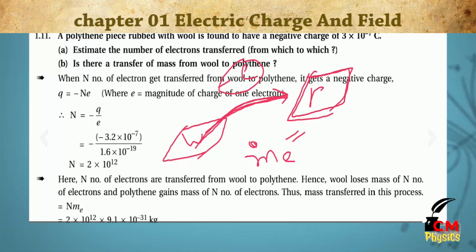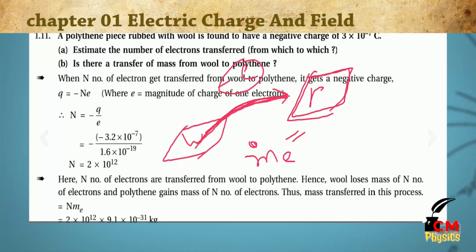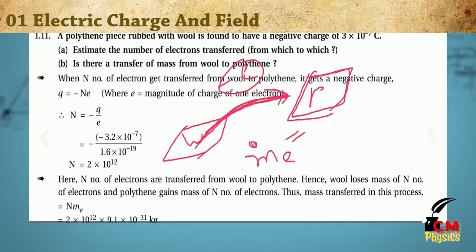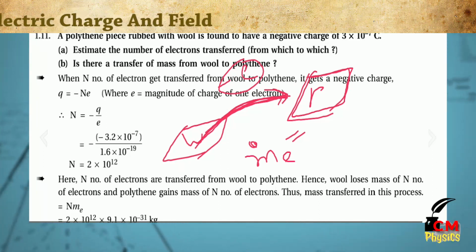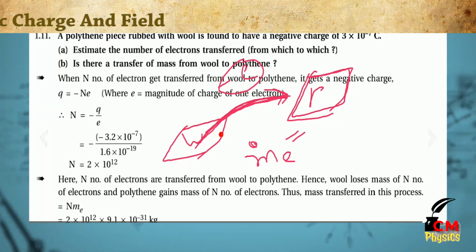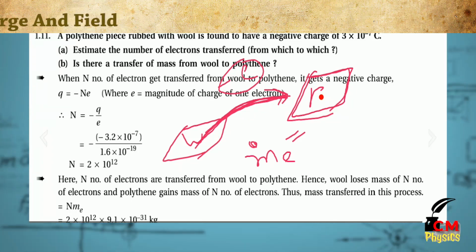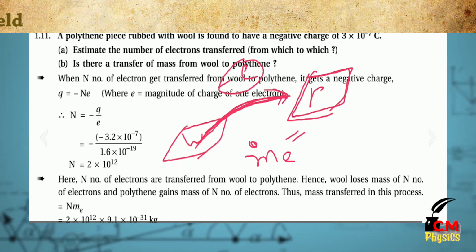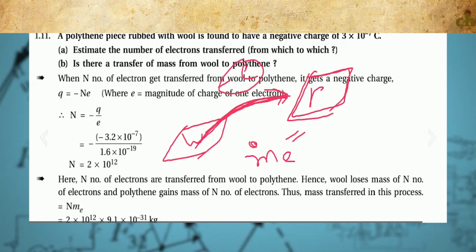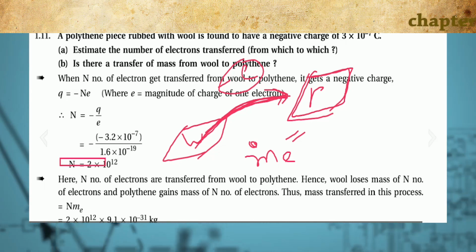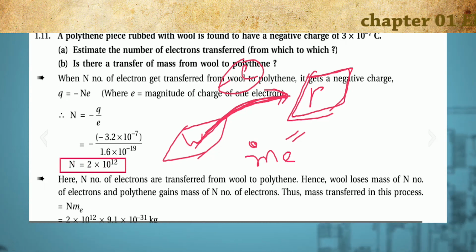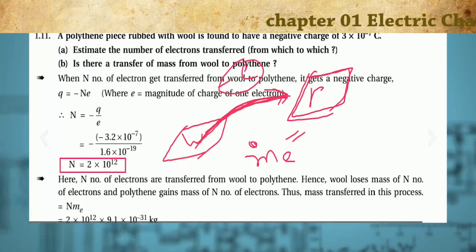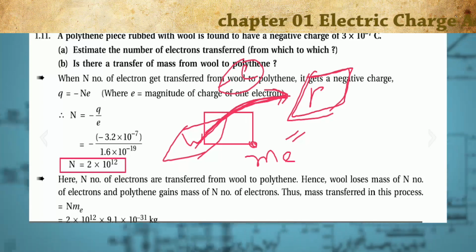Therefore, the mass is also shifted from wool to polythene, because electron has both charge as well as mass. And in the first part we found that the total number of electrons, 2 into 10 raised to 12, shifted from wool to polythene.